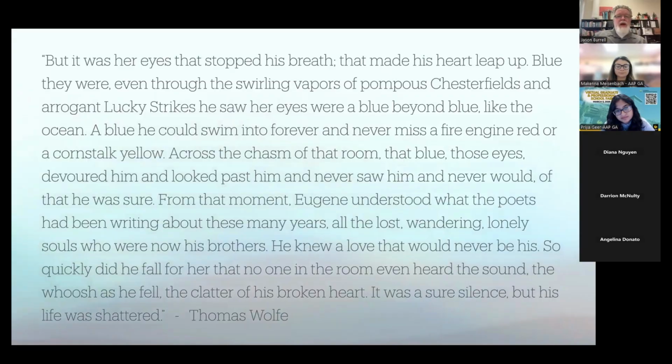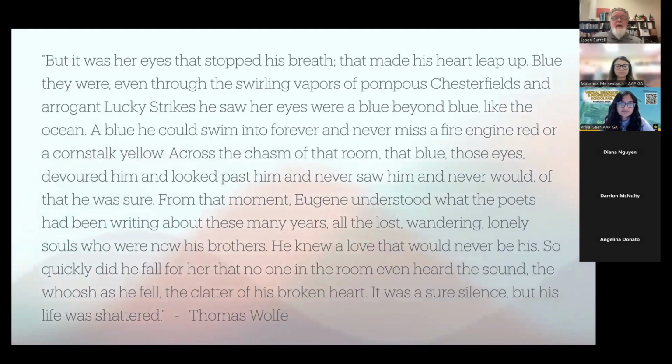But this writing is about the inside of a person's life. When we watch a movie, we see an actor acting with the skin on their face. But Thomas Wolfe was trying to write about what was happening inside the mind of someone who from across the room sees a person and falls in love.